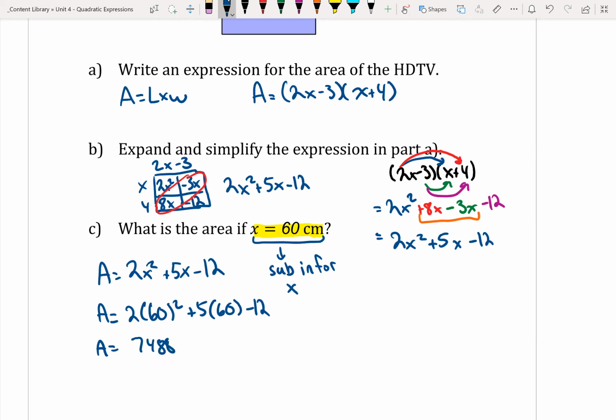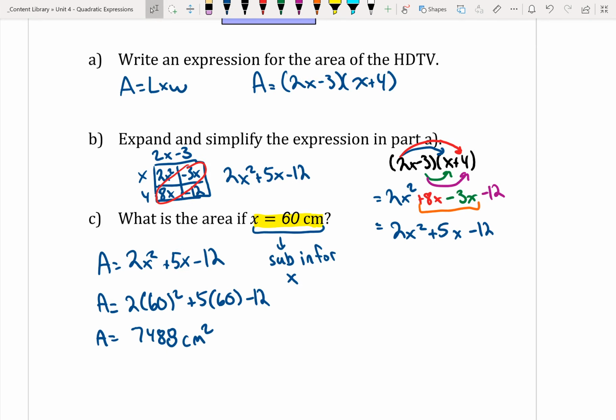Let me just do it again to confirm. Yep. So our final answer is 7,488 centimeters squared because it is area.